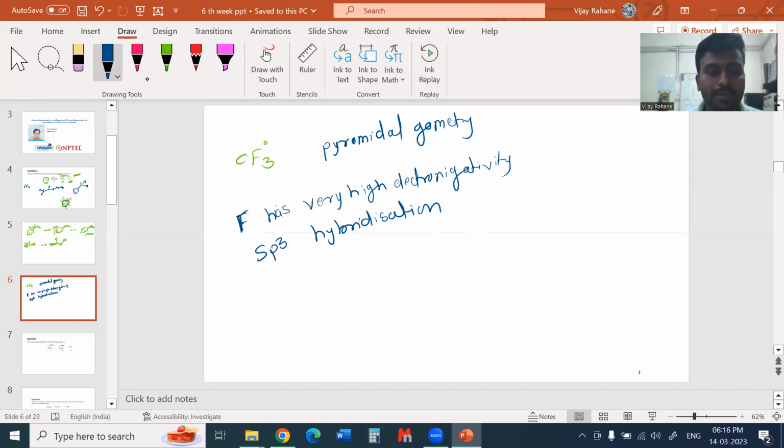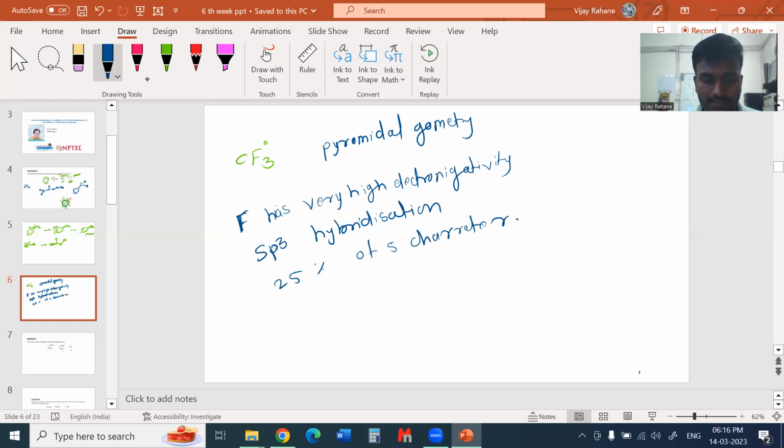The CF3 will prefer to stay in sp3 hybridization, in which 25% s character is present.